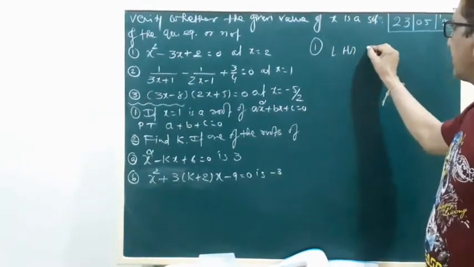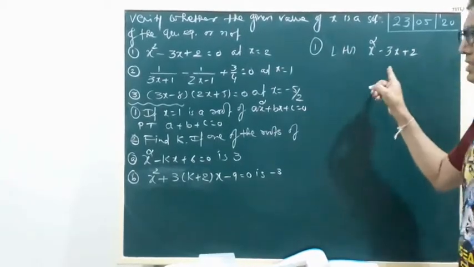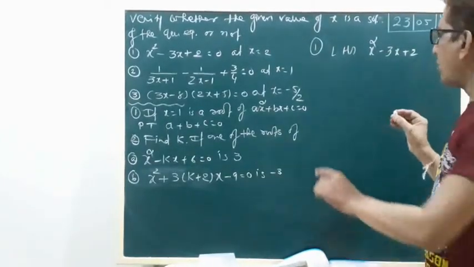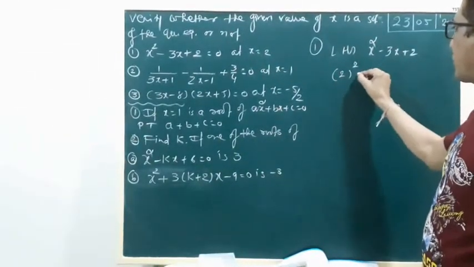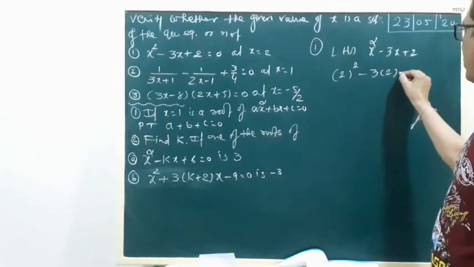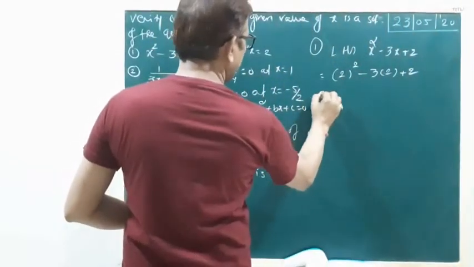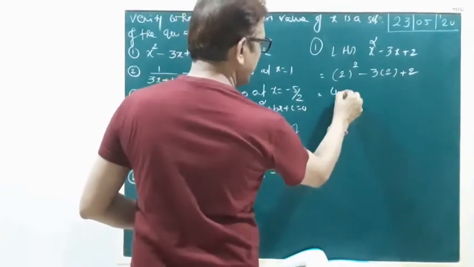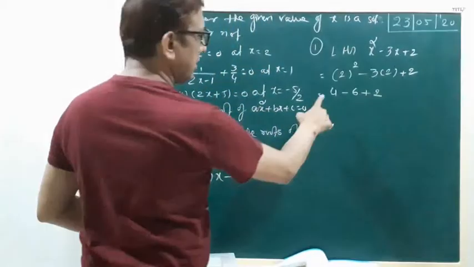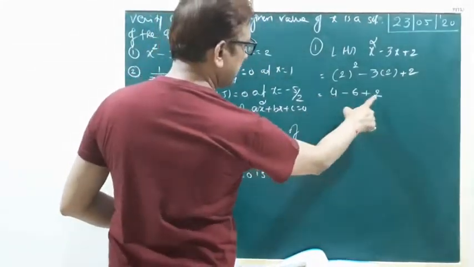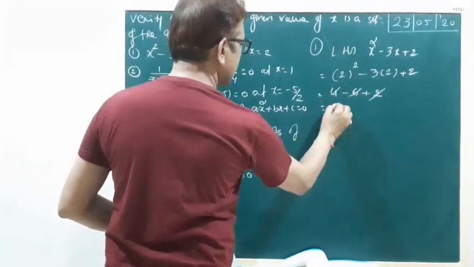LHS is x square minus 3x plus 2. This is our LHS. Now put x equal to 2: 2 square minus 3 into 2 plus 2. Now 2 square is 4, 3 twos are 6, and plus 2. Positive 4 plus 2 is 6, and negative 6, 6 cancels. So the answer will be 0.